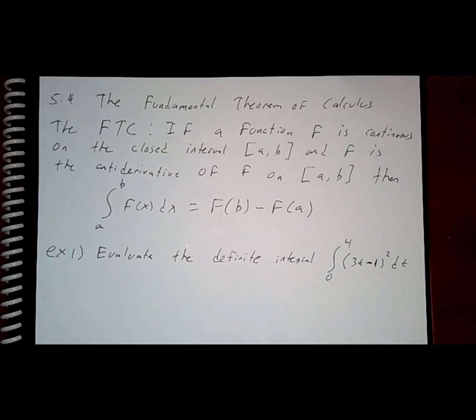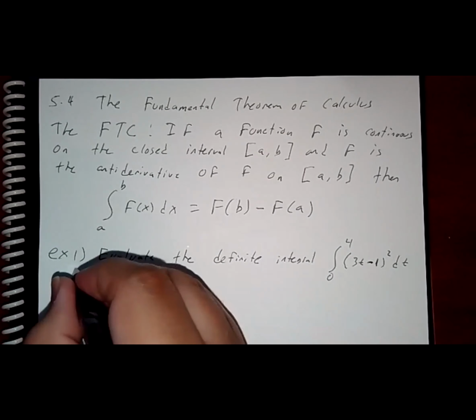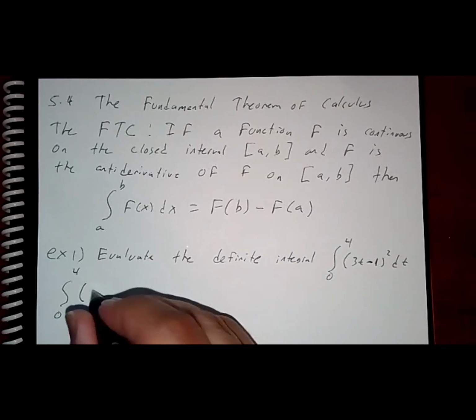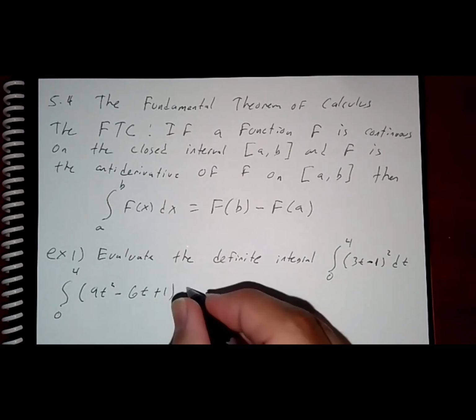First thing you need to do, I would say, is multiply that out. So if you multiply (3t minus 1) squared, you're going to get 9t squared minus 6t plus 1 dt.